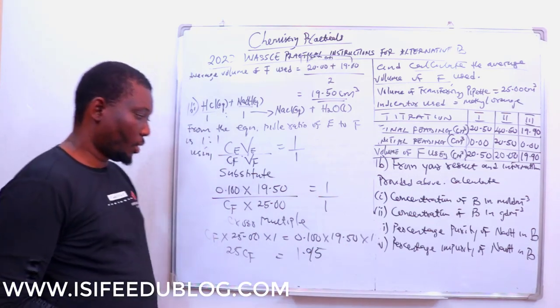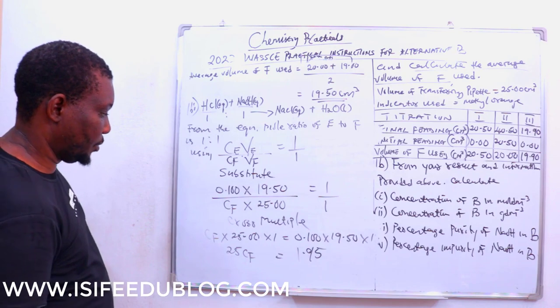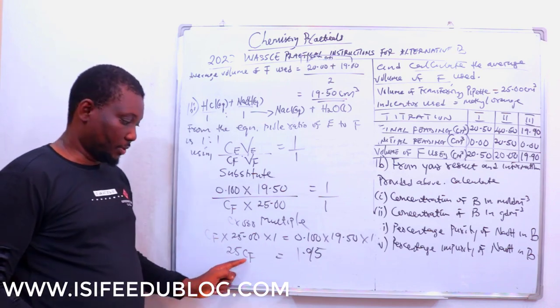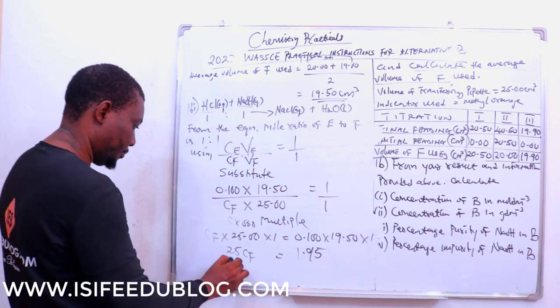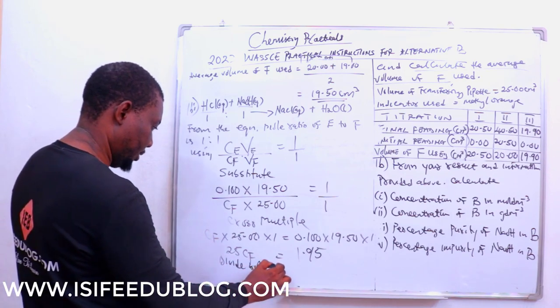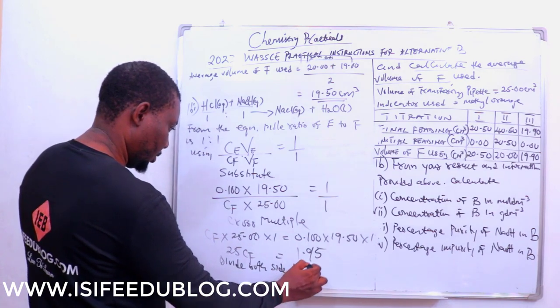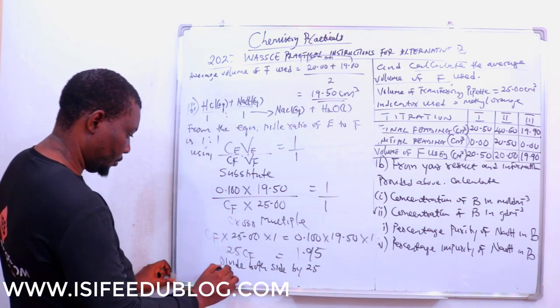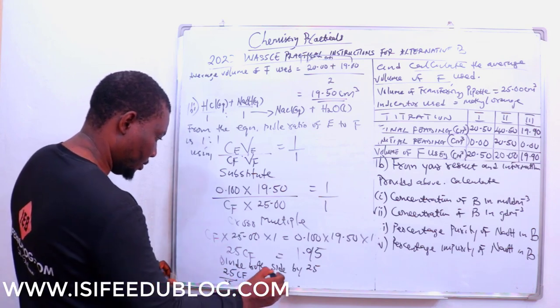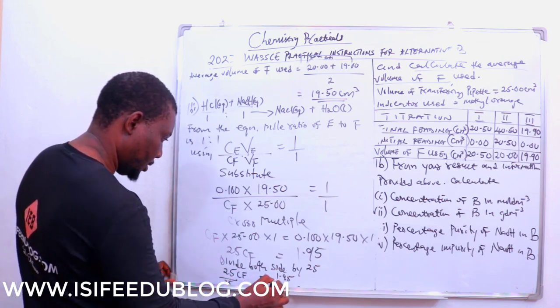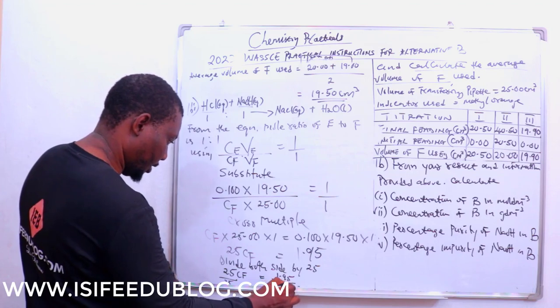1.95. What you do now is to divide both sides by the coefficient of CF, that's 25. So we have 25 CF over 25 is equal to 1.95 over 25.